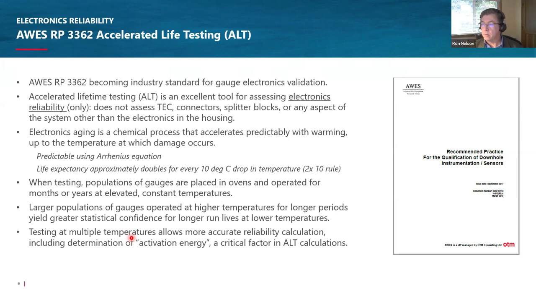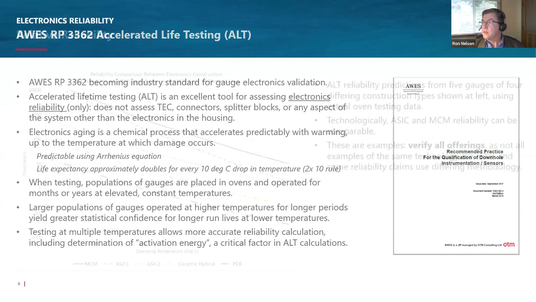It's based on fundamental chemistry, because the aging process in a gauge, up to the point at which you damage the gauge permanently, is a chemical reaction that is driven by temperature. And there is what we refer to as a 2x10 rule, where for every 10 degrees Celsius drop in operating temperature, you can double the life of the electronics.